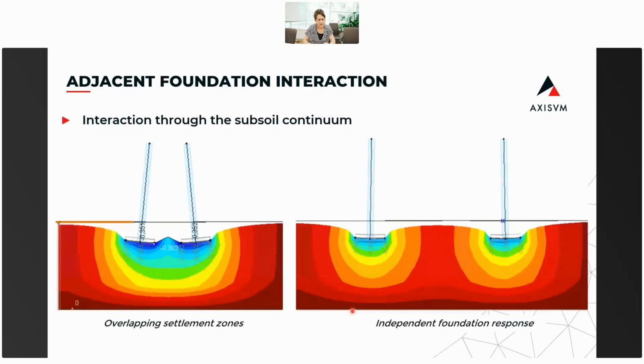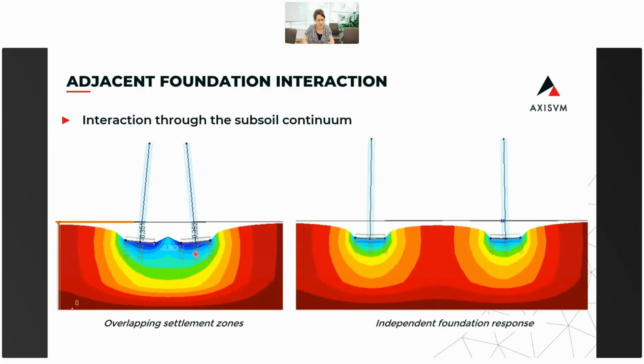In reality, the soil behaves as a continuous material. Settlement zones generated by nearby foundations can affect each other, and not just the settlement zone, but the whole deformation of the building itself.